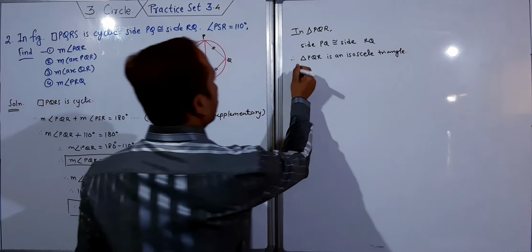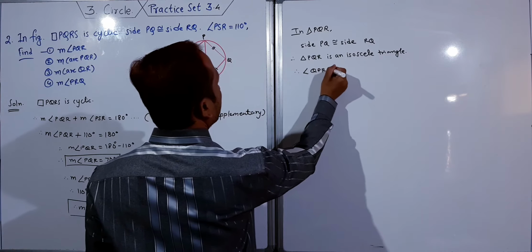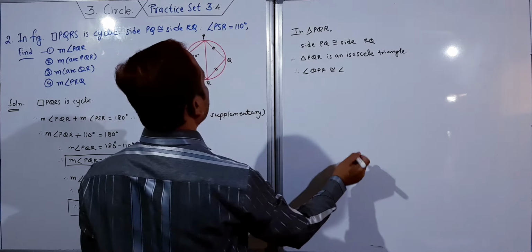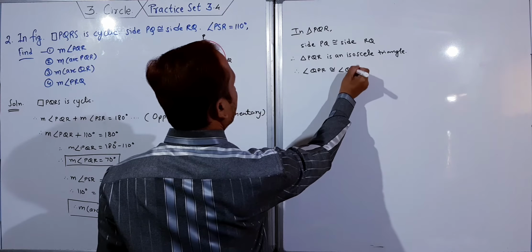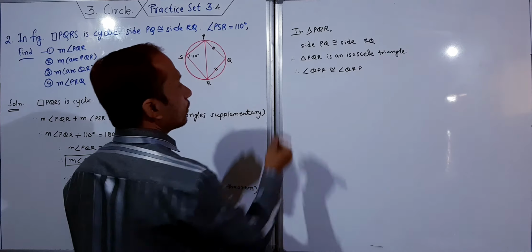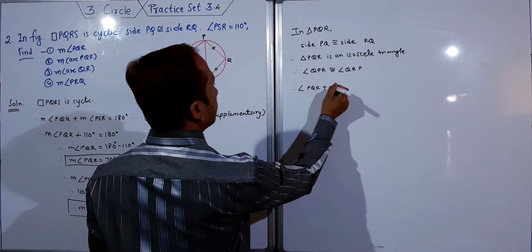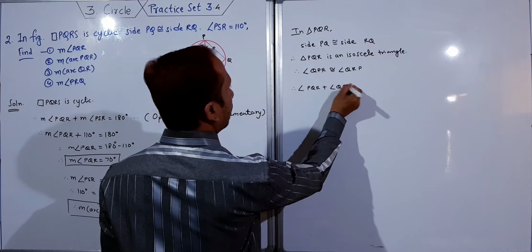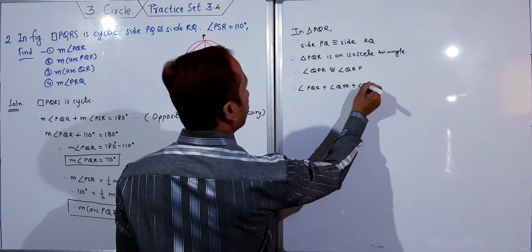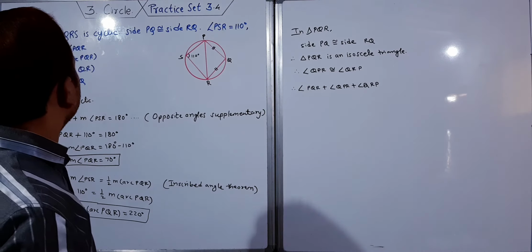Therefore, angle QPR is congruent to angle QRP. Therefore, angle PQR plus angle QPR plus angle QRP. We have to find angle PRQ.